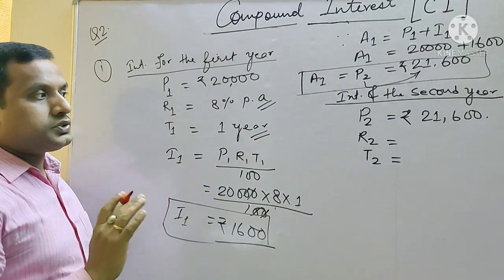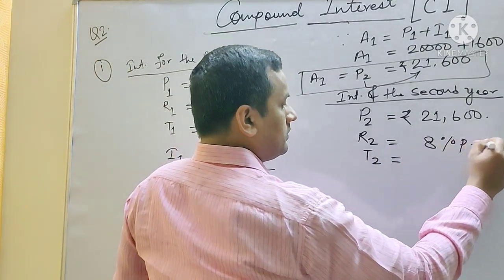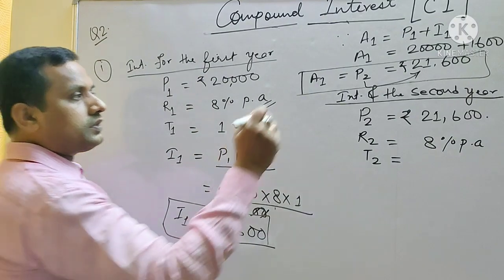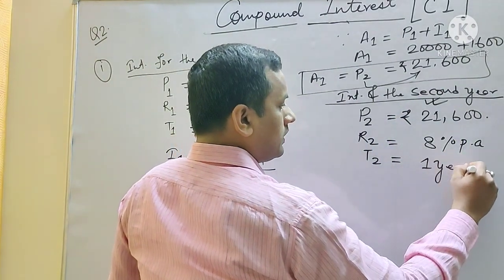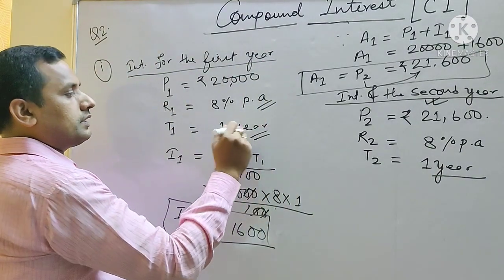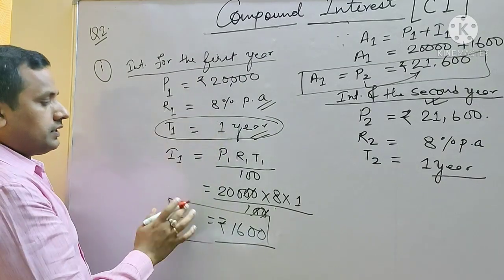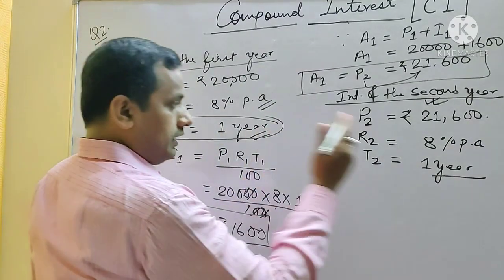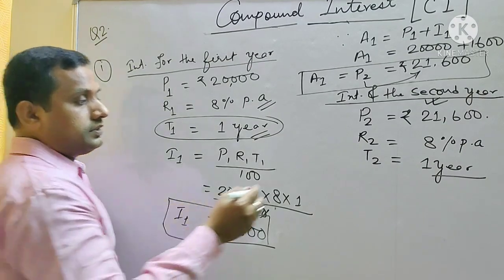And the rate has no change, therefore the rate will remain the same, 8% per annum. Time for the second year is 1 year, because we have already calculated the first year's interest.